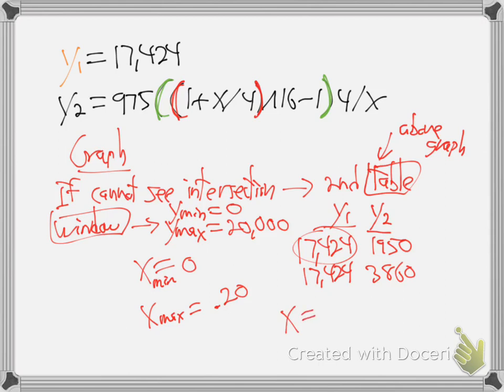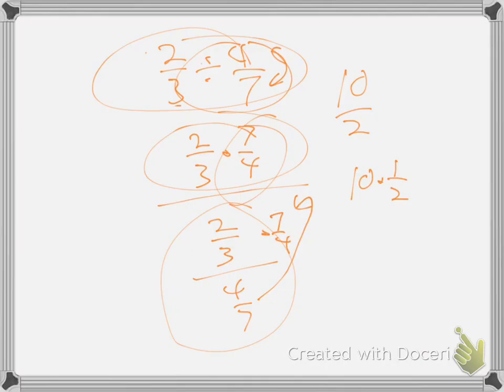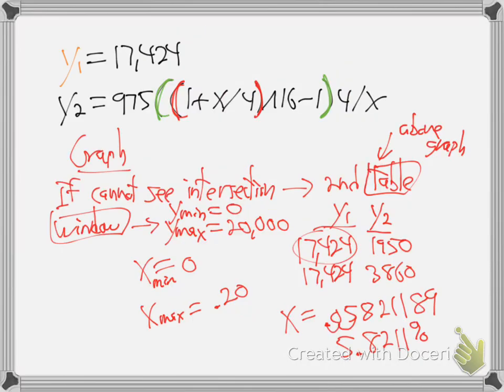I'm getting x, which is the interest rate, of 0.05821189. I don't know how many places. You've got to move it 2 places to make it a percentage, right? So I'm getting 5.8211%. How close do they want the answer? 2 decimal places. So 5.82%. That's the interest rate.